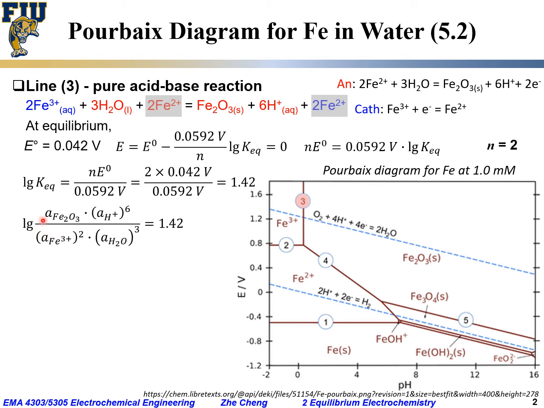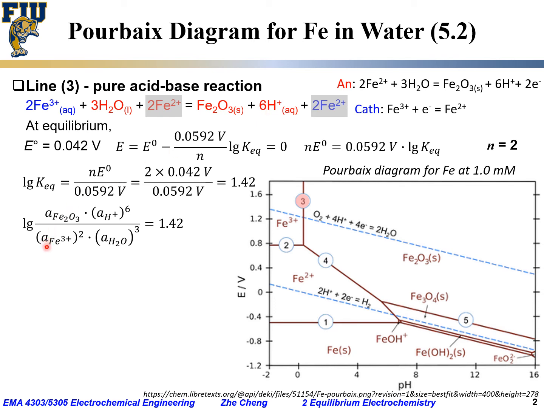And what is the equilibrium constant? Equilibrium constant would be the activity of product, activity of iron 2O3 times activity of proton, but raised to the power of 6 because of this stoichiometric factor of 6.